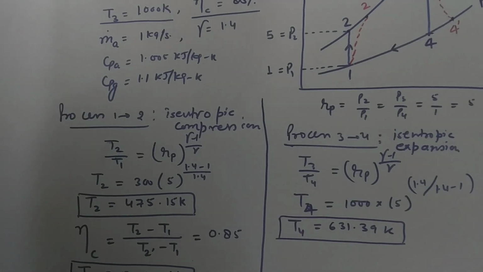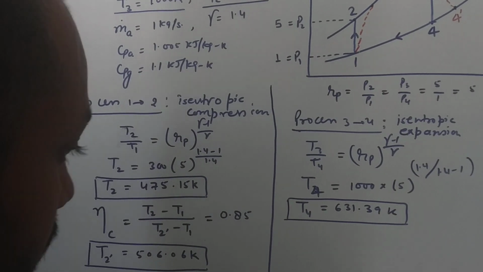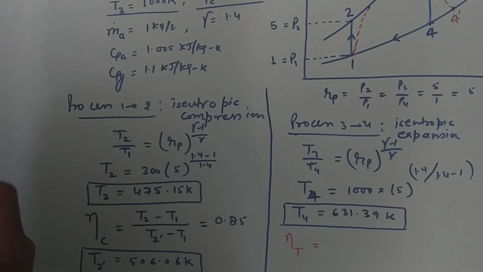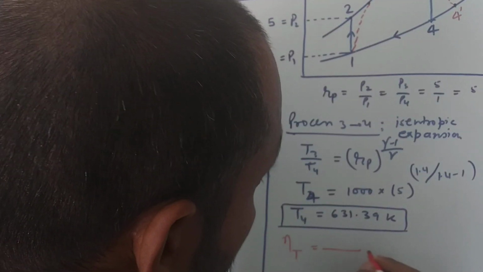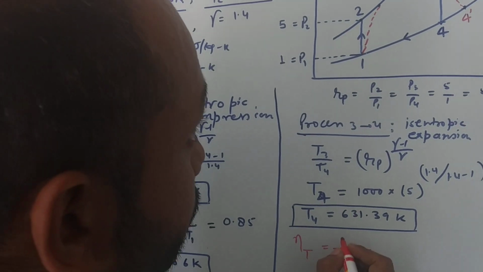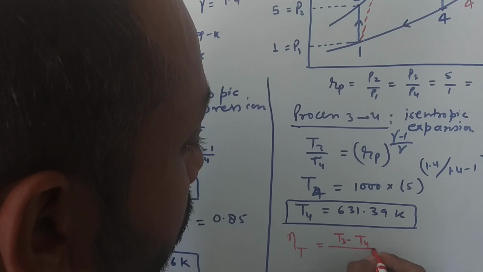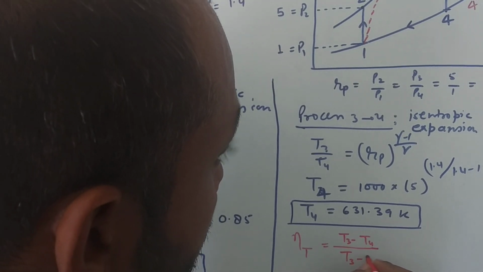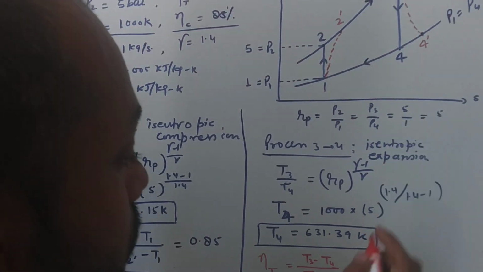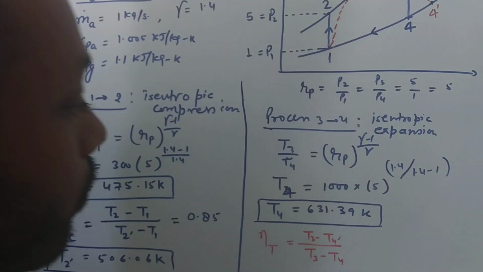After T4, we write the isentropic efficiency of the turbine, from which we calculate T4 dash. The efficiency is T3 minus T4 dash, the actual expansion, divided by T3 minus T4, the isentropic expansion.